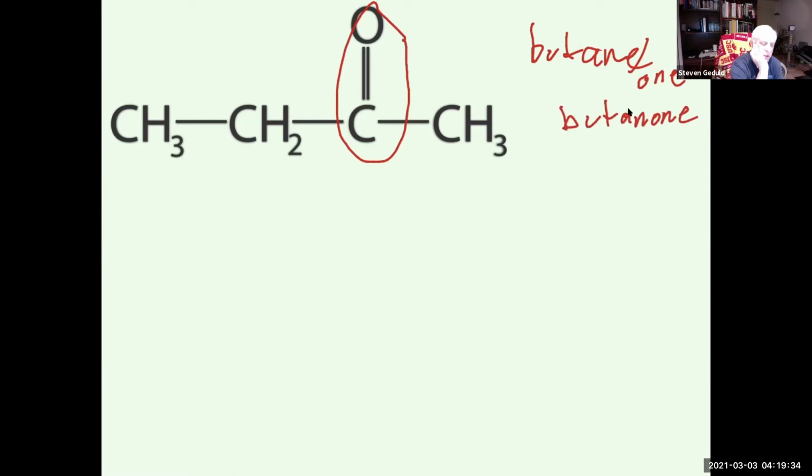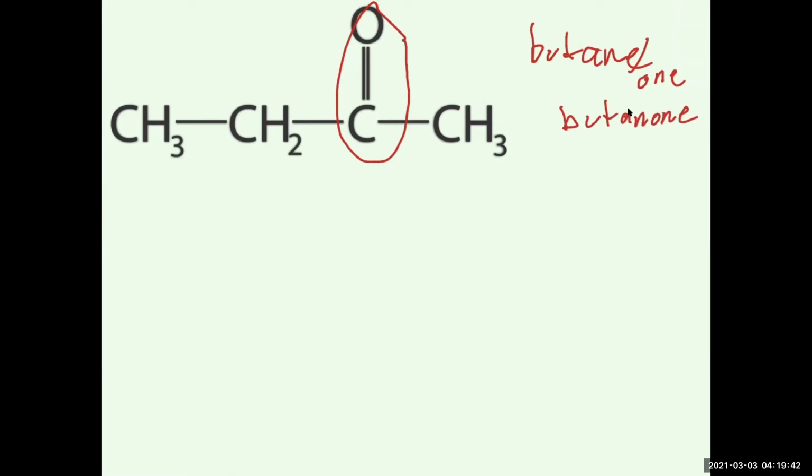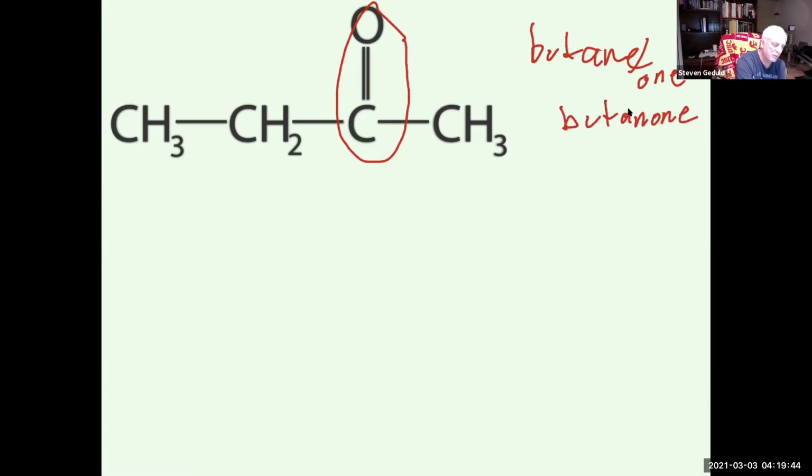Do I have to put 2 butanone, or can I just write butanone? Just butanone, perfect. Because if it's over on this carbon here, that's also 2 butanone. And if it's on this carbon, it's an aldehyde. It's the exact same thing if I moved it over to here, because you get the lowest possible number. So you can put just butanone.